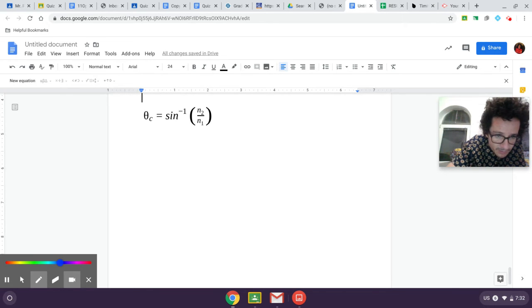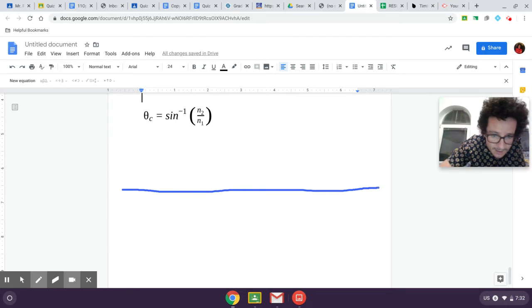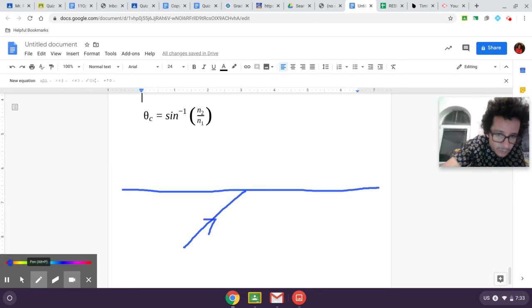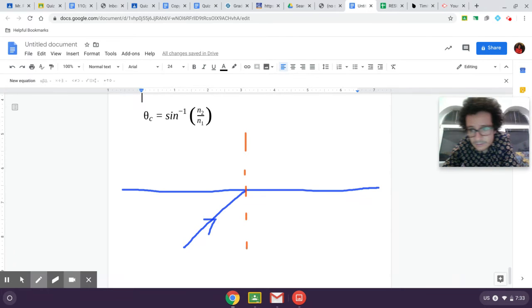Let's remember. Okay, so we have a ray that is coming, let's say, from the water to the air. So then we will have the first condition for total internal reflection there. First thing we have to do is to draw the normal.